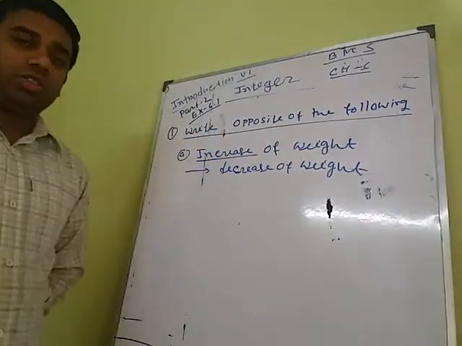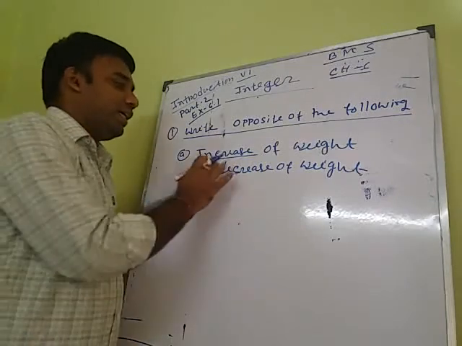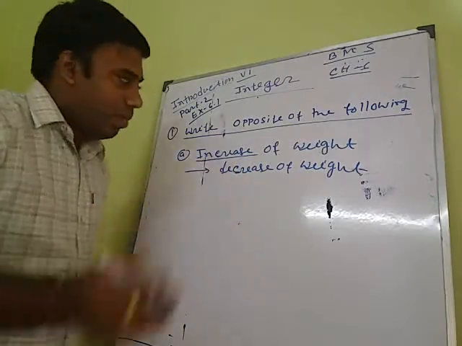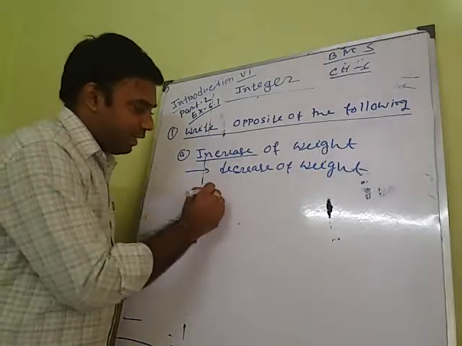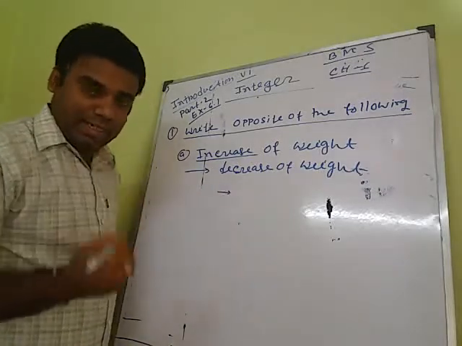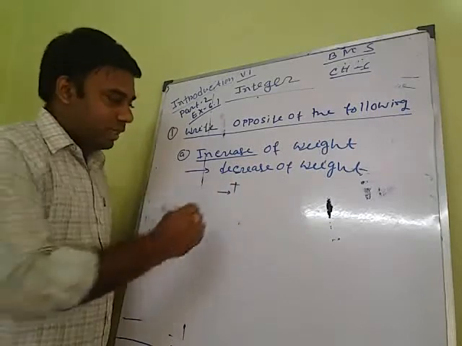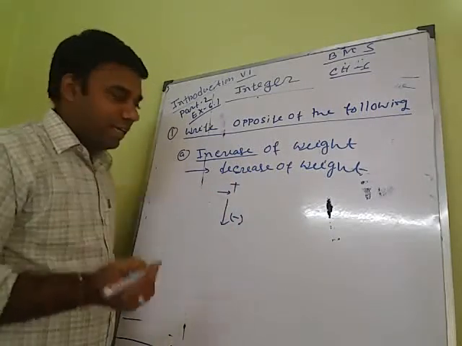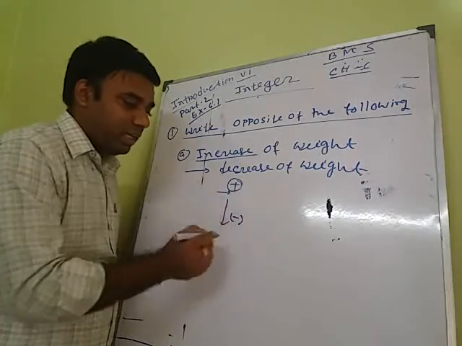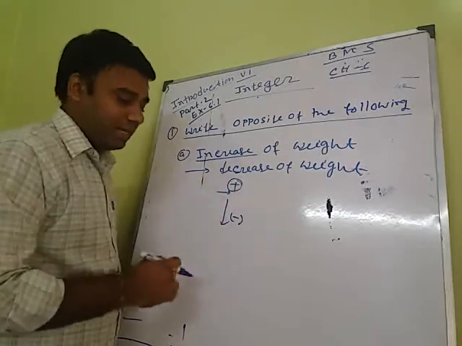Opposite of increase is decrease. By these statements, one thing we have to learn: if I take increase with plus sign, then decrease will be in minus sign. If I take increase in positive sign, decrease will be in negative sign.